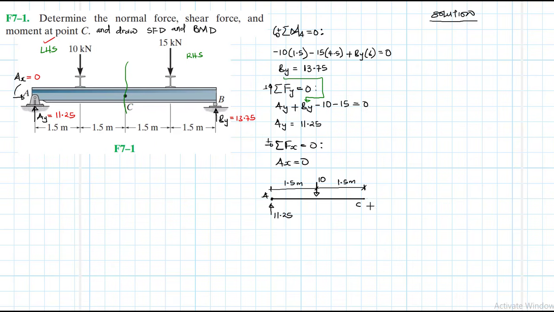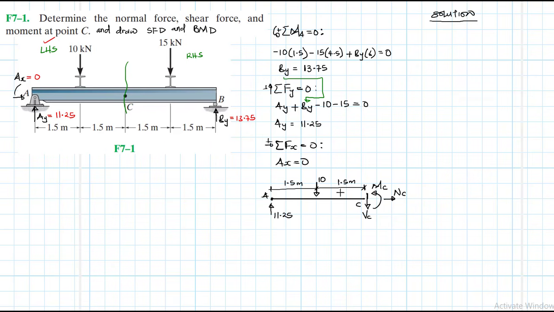So at C, we expect the internal forces: shear in this direction, which is our VC, and then we have our moment, which we are calling MC, then we have our normal force. Okay, this is our positive convention.